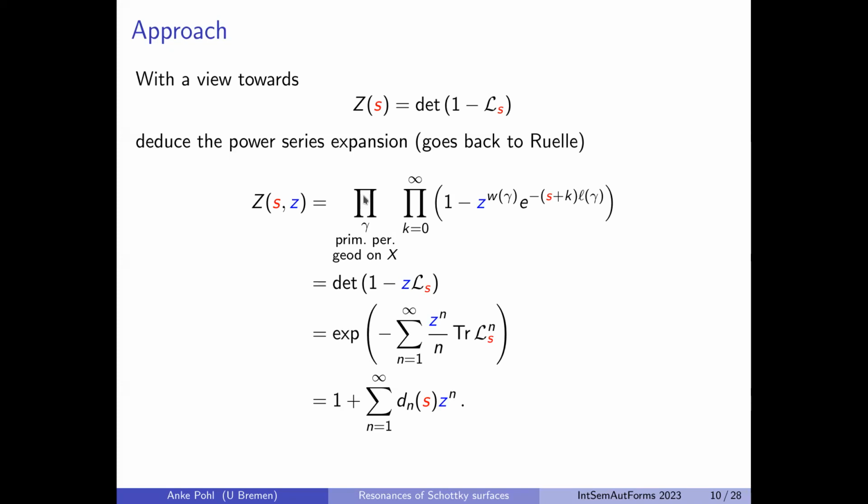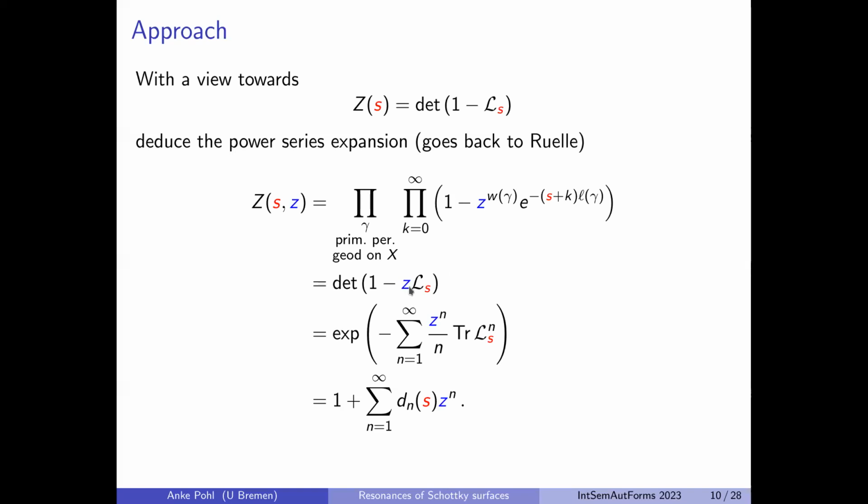So this is the formula which you need, and I included an additional Z to be able to show where it comes from. So we have a Z here, which in our Euler product goes here. This W_gamma is the word length of the periodic geodesics in the symbolic coding. Because it's periodic, it has a periodic coding sequence, and you just take the word length of that.